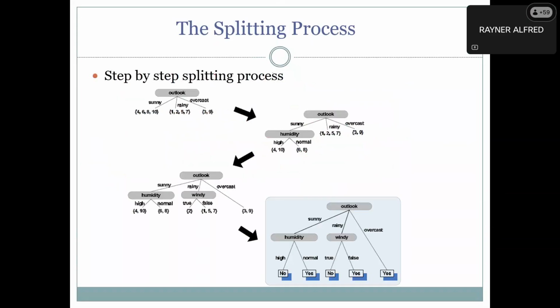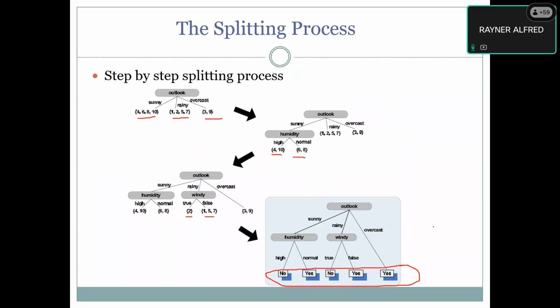So for example, this is the step-by-step splitting process. When we split the data here, we have the record ID, and then we split again using humidity, and then we split again using the windy, and then finally we have this. Okay.